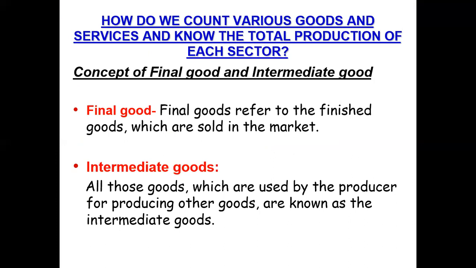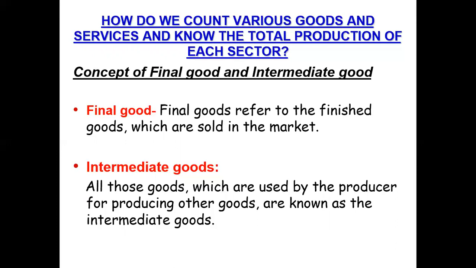The value of final goods already includes the value of all intermediate goods used in making the final good. So the 75 rupees for the final good includes the value of flour, that is 10 rupees. Otherwise we would count the value several times.